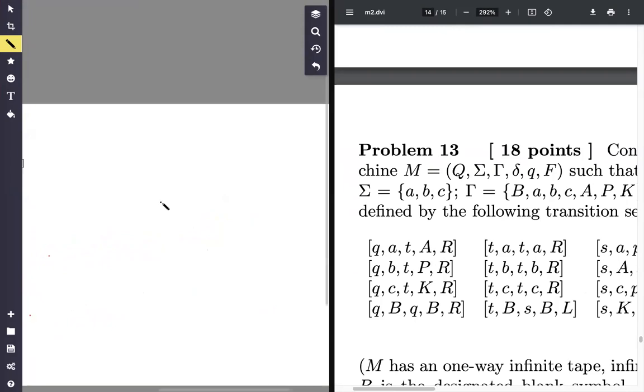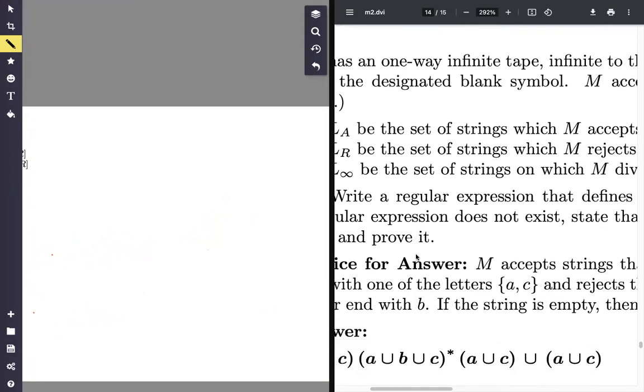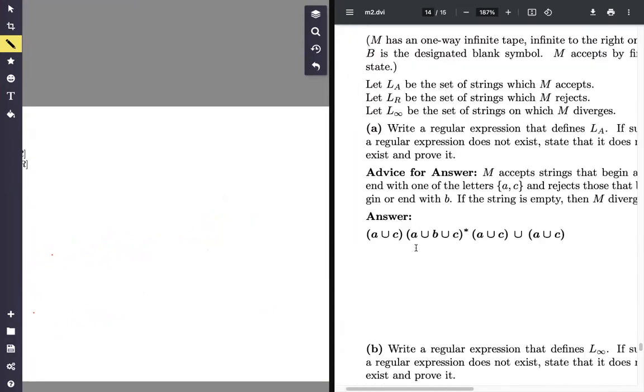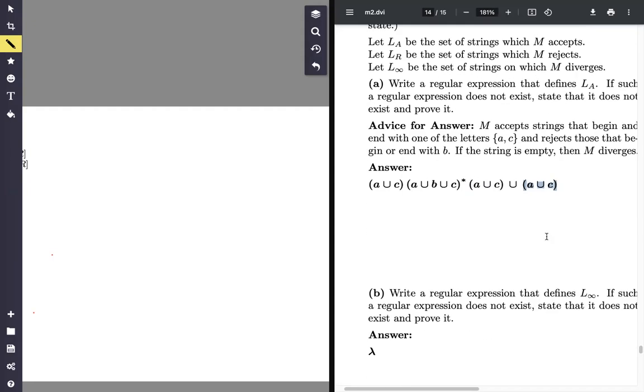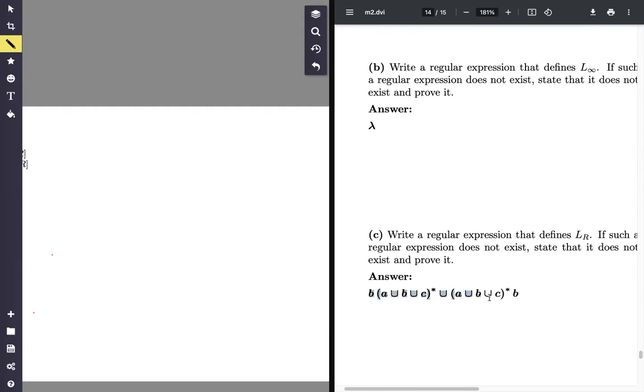Actually, if you just look at your answer for A, you see that this is all strings that start and end with an A. So this starts and ends with an A or a C. This starts and ends with an A or C. So our answer is just going to be B, A or B or C star B or B, which is equivalent to what yours is here.